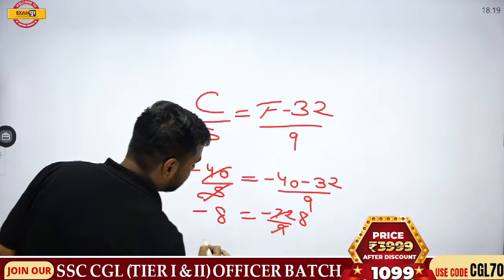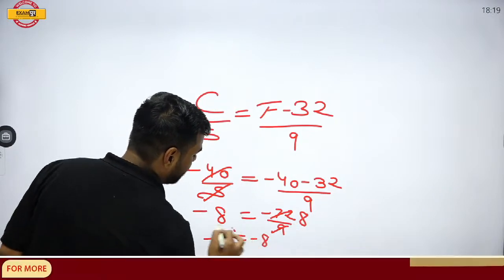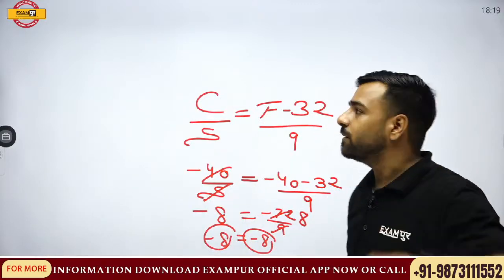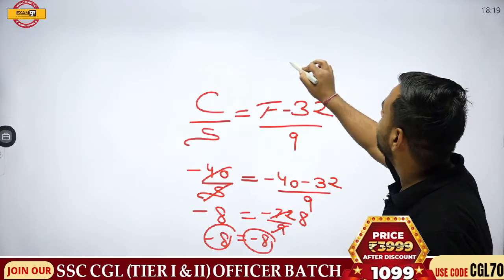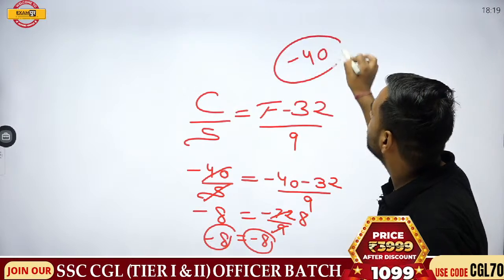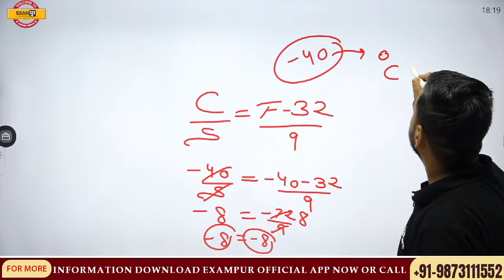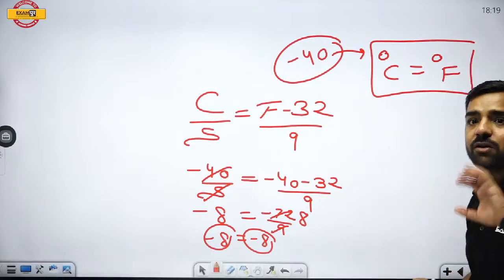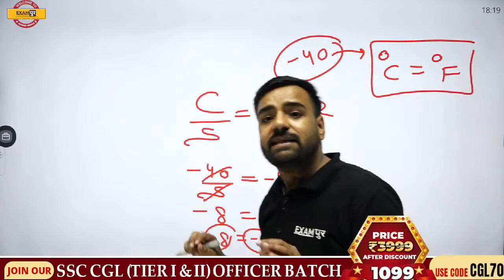Both LHS and RHS are −8. Great. So please remember, the only value at which degree centigrade and degree Fahrenheit will be equal is −40. So I'll write here, degree centigrade is equal to degree Fahrenheit. Got my point? Please remember, all these questions are very important and play a significant role in the examination.